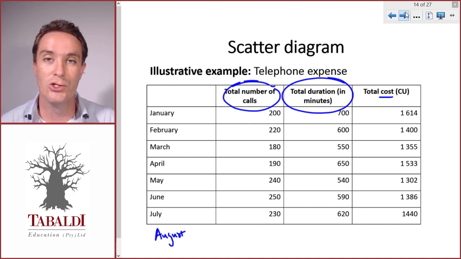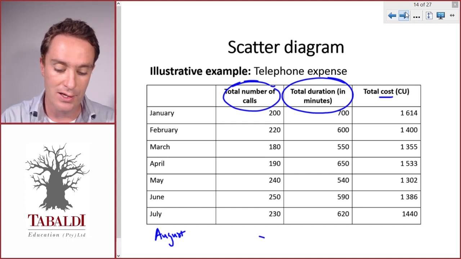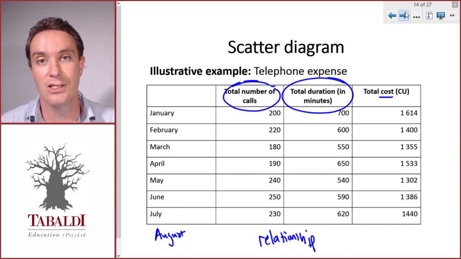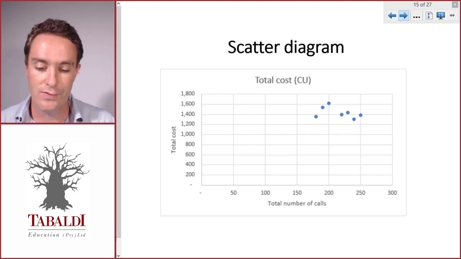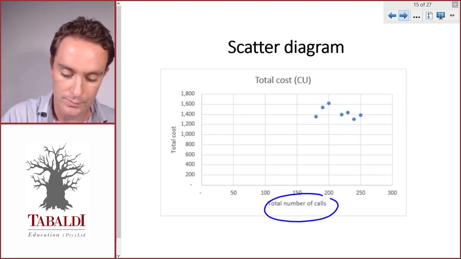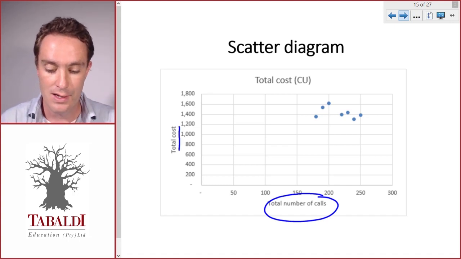For this, we can use the scatter diagram to see how strong the relationship is between the activity and the total cost. Here I've plotted the number of calls and the total cost on a scatter diagram.